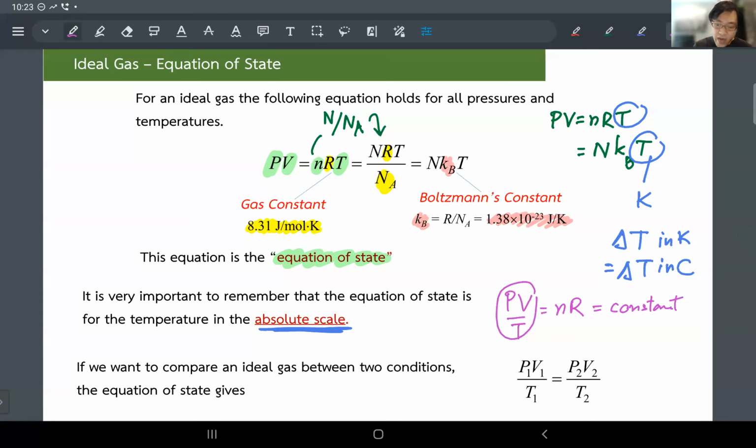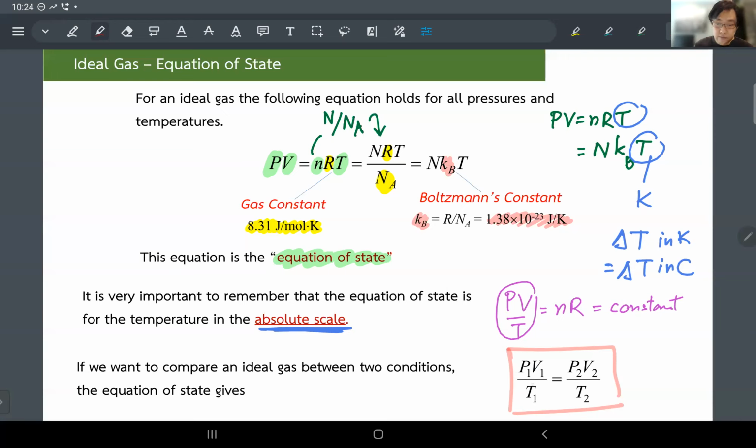All right. So that gives you a very, very easy comparison between two states of a gas. Every time you have one gas and you're not changing anything about the gas itself, you just manipulate those variables. No matter what you do, this PV over T stays the same.